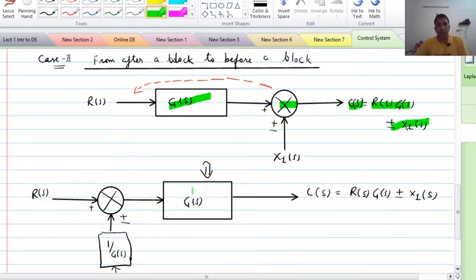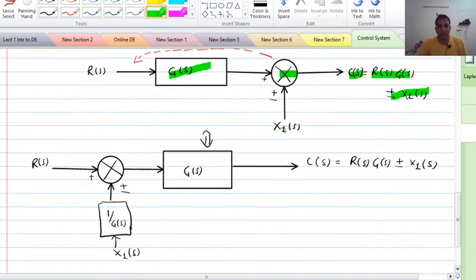So when we shift this summing box from this position to this position, we will get this architecture. In this way we have to divide, because at the output we do not need Gs multiplied with X1s, so we have to divide it by G1s. In this way we have to add an additional block with transfer function 1 by G1s.